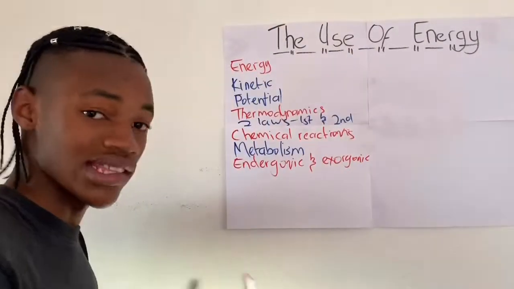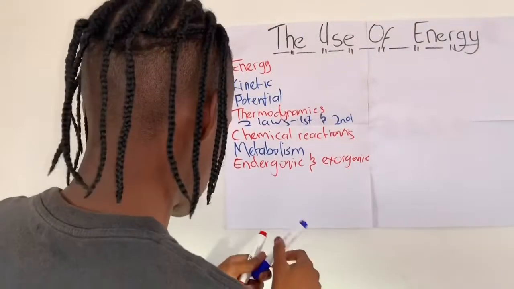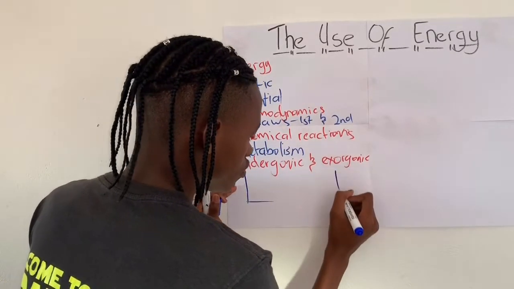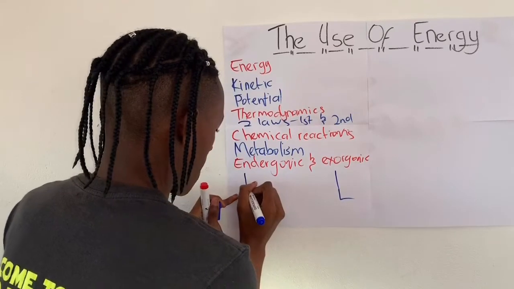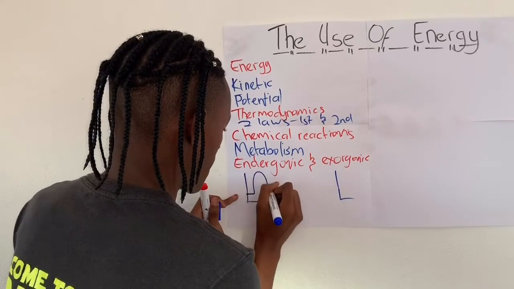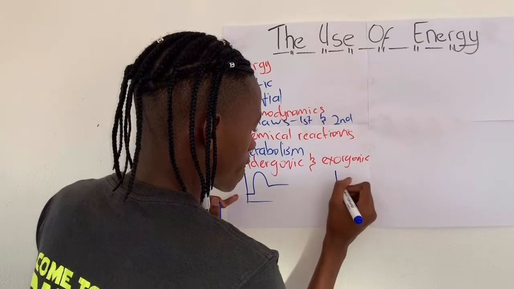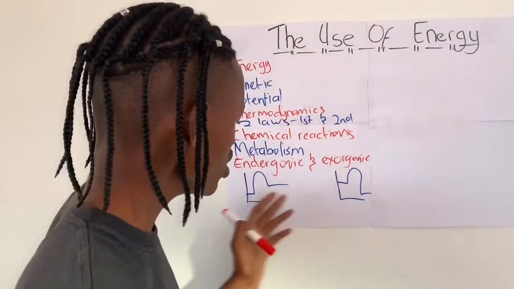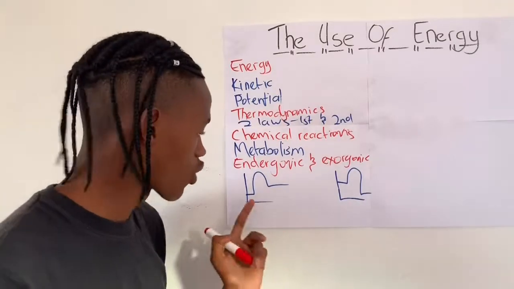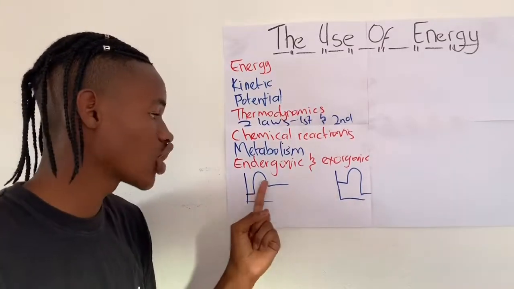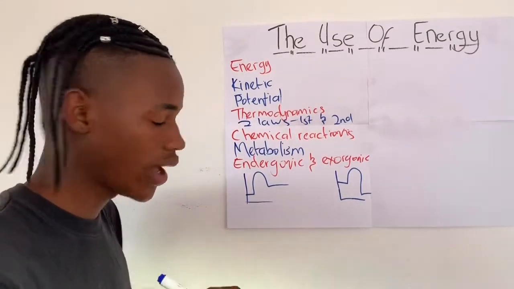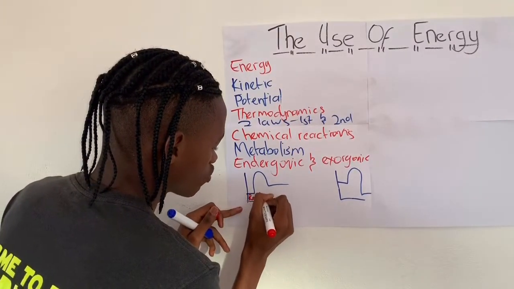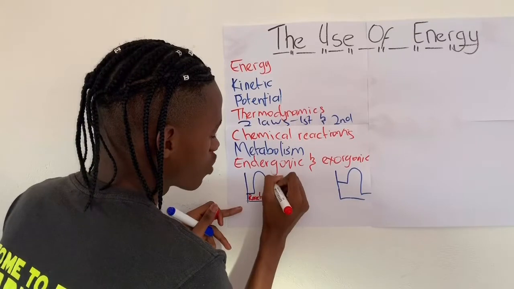And now a small representation of them. If you look at the two graphs, in the endergonic one, we have reactants here, then we have products here.